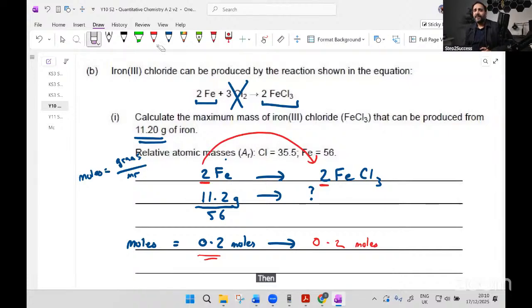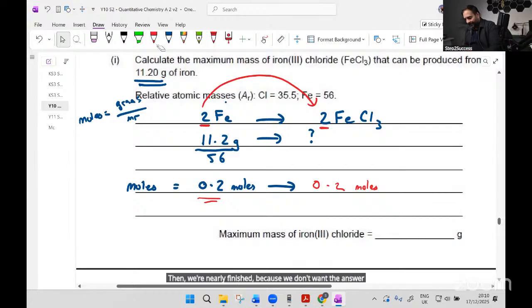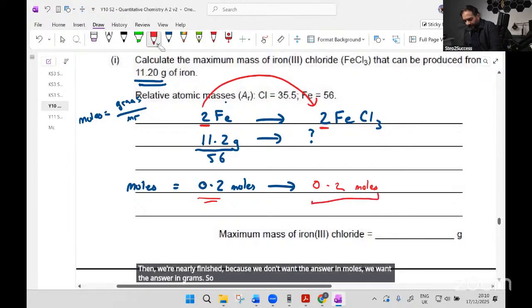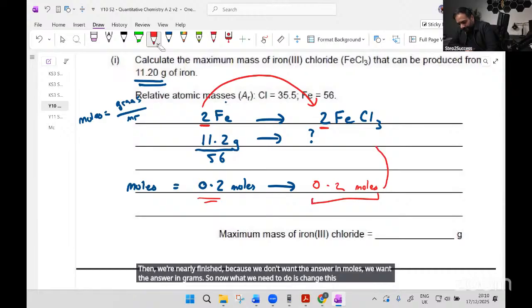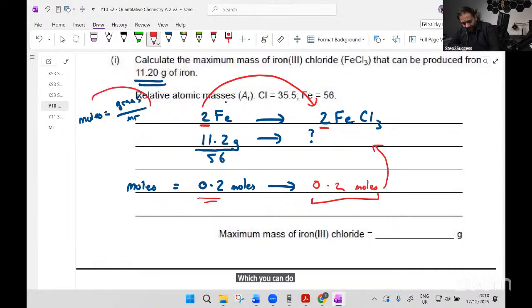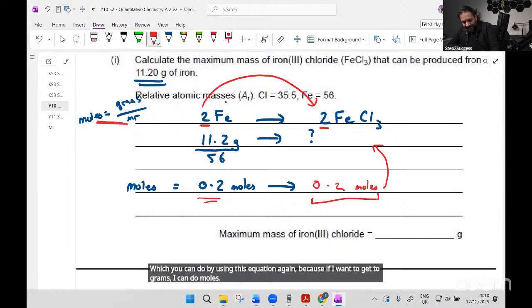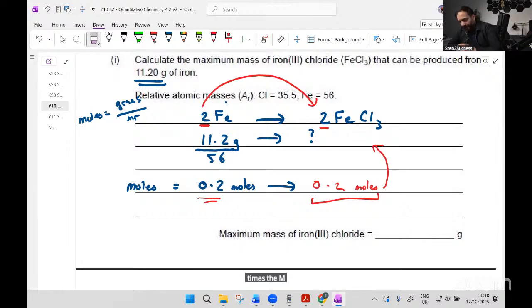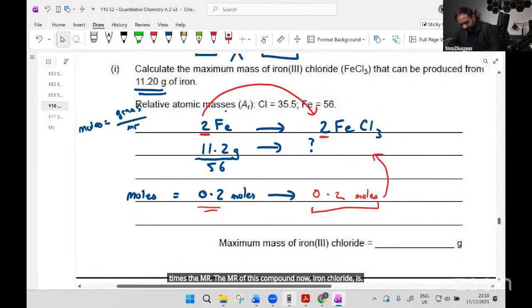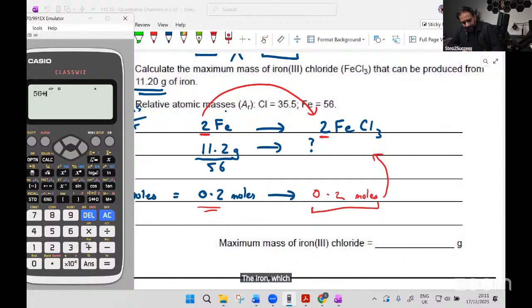Then we're nearly finished because we don't want the answer in moles, we want the answer in grams. So now what we need to do is change this back to grams, which you can do by using this equation again, because if I want to get to grams, I can do moles times the MR. The MR of this compound now, iron chloride, is the iron, which is 56, plus three chlorines, and each chlorine is 35.5, and that is 162.5.